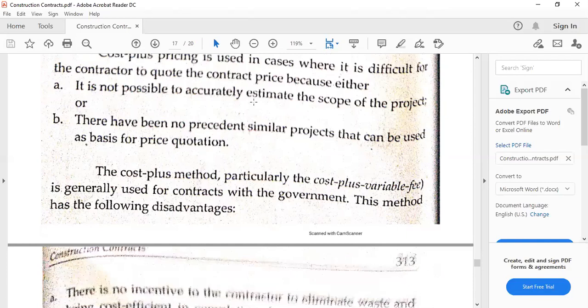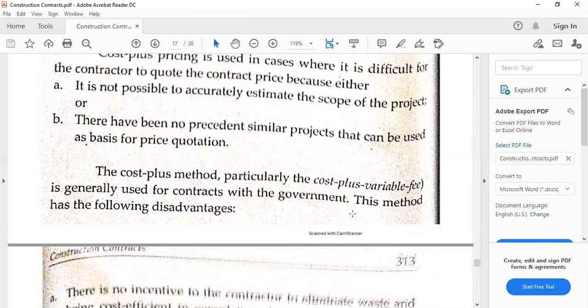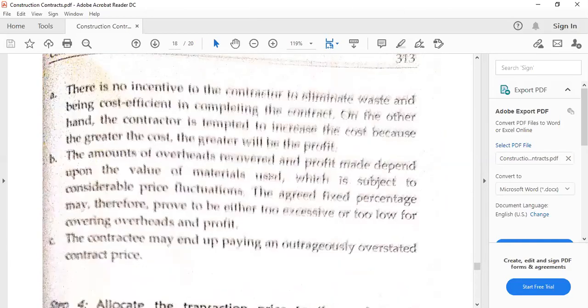And then although those are the cases, in some situations like the cost plus variable fee, there could be some disadvantages. One is that the construction company can impose the cost in the contract.